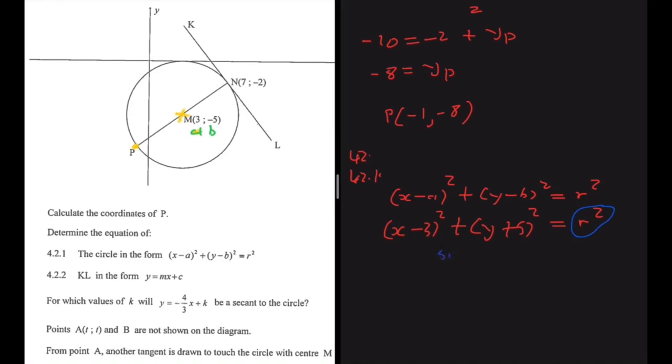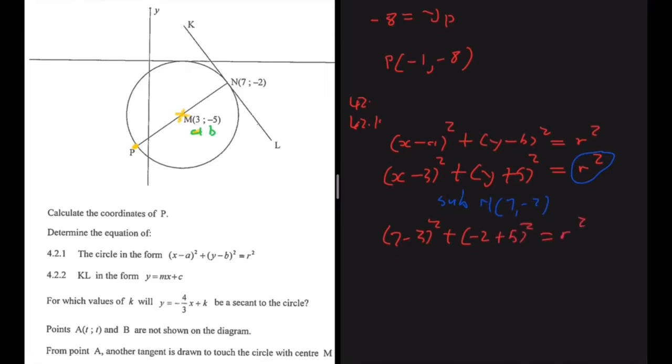So if we sub in n of coordinate 7 and minus 2, so what are we getting? (7 minus 3) squared plus y is minus 2, so we're going to get (minus 2 plus 5) squared being equal to r squared, right?